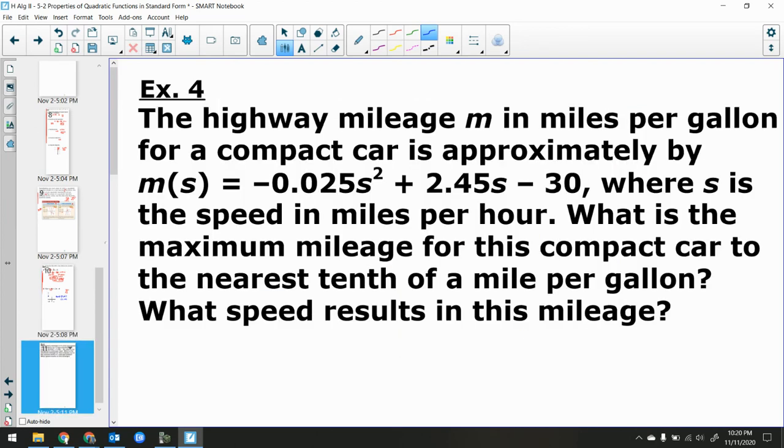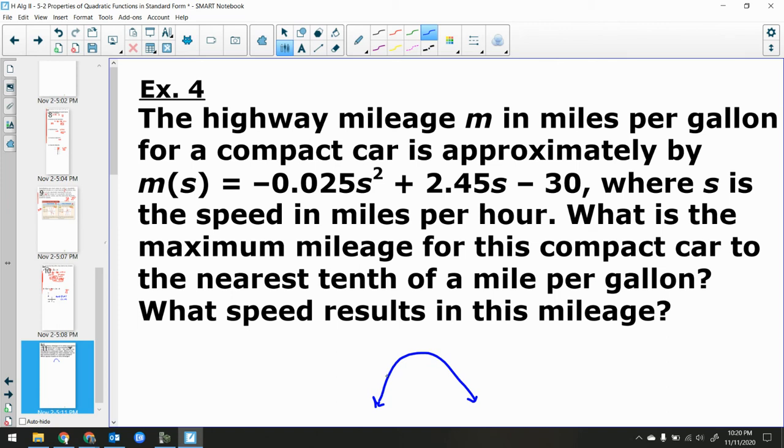Okay, now, a highway mileage M in miles per gallon for a compact car is approximately this equation, where S is the speed in miles per hour. So, thinking about this, at some point, the gas mileage will start to decrease based on speed, right? You go too fast, you're burning the engine too high, the gas mileage will go down, right?